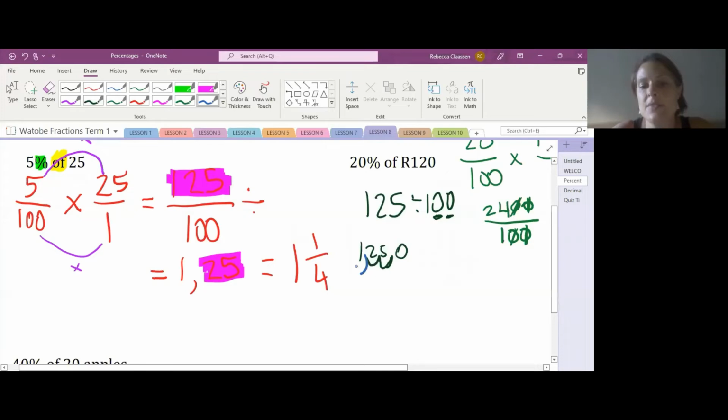If I was dividing by 10, I would only move my comma 1 spot. But because I've got 100, it's got 2 zeros, which means I'm going to jump my comma twice. 1, 2. And then I put my comma in there, and that's how I get my decimal. Can you remember that a little bit, Sasha? Yes, ma'am. Thank you. Pleasure.